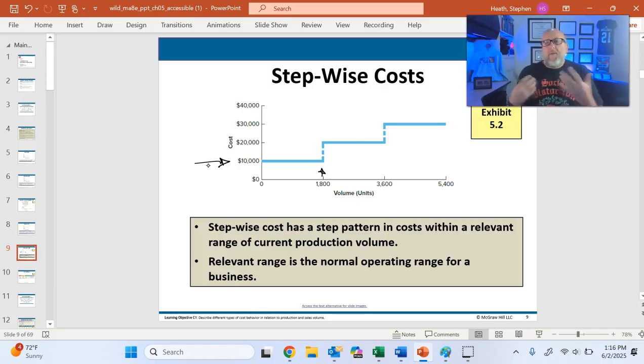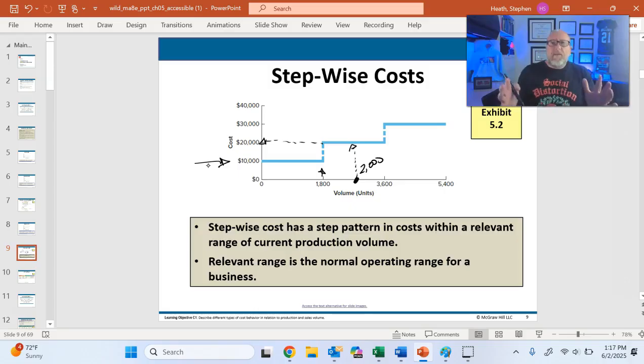Once my production increases from 1,800 to maybe 2,000, it's going to be too much for this one employee. And therefore, I'm going to have to hire a second employee. And I'm going to pay that second employee $10,000 a month as well. And therefore, I'm going to need two employees to produce 2,000 tables. And the total cost, therefore, is going to be 20,000.